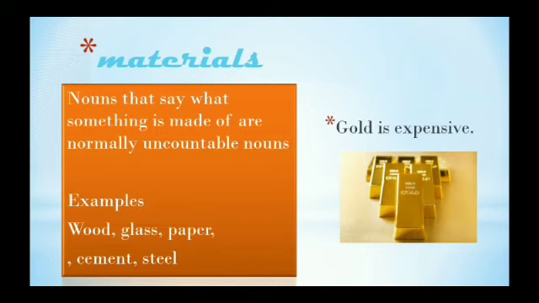For example, gold. We cannot count gold, but we count the bars of gold, right? And notice the sentence given here. Gold is expensive. Here, gold is an uncountable noun. So we have used the singular verb is along with it, not the plural.